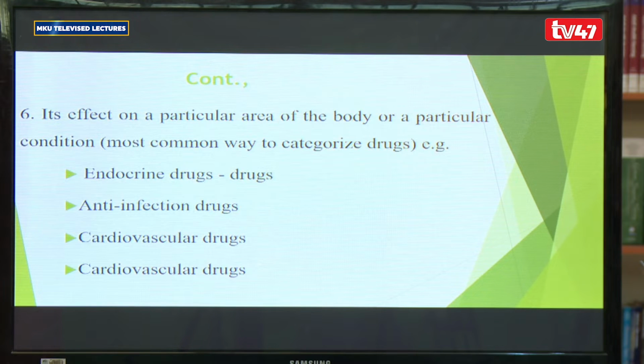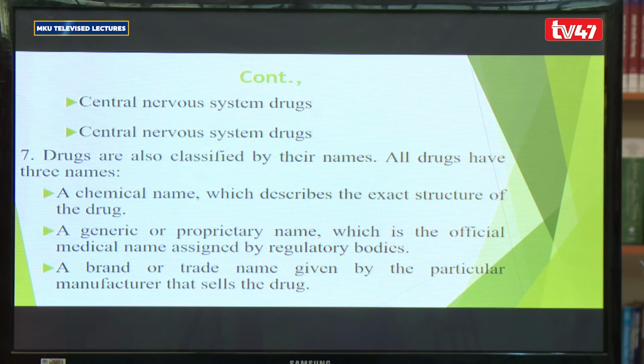We can also classify a drug by its effect on a particular area of the body or a particular condition. Among the most common ways to categorize drugs, for example, we have the endocrine drugs, anti-infection drugs, cardiovascular drugs, and central nervous system drugs.